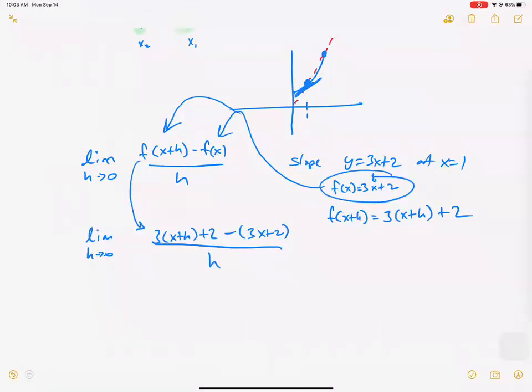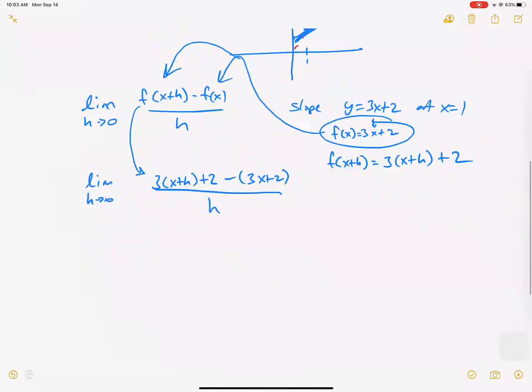Now that we set this up, let's go ahead and simplify this. First thing is if I just plugged in 0 here, we'll see that x plus 0 is just x, 3x plus 2 minus 3x plus 2 over 0. Isn't that just 0 over 0?